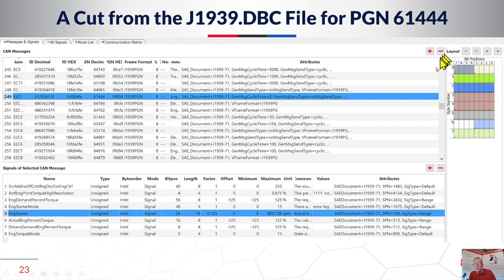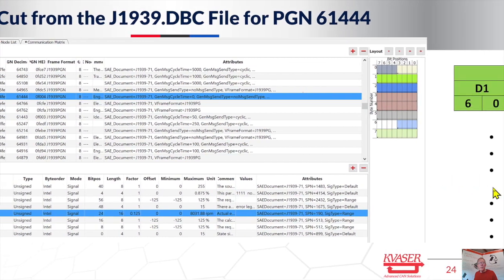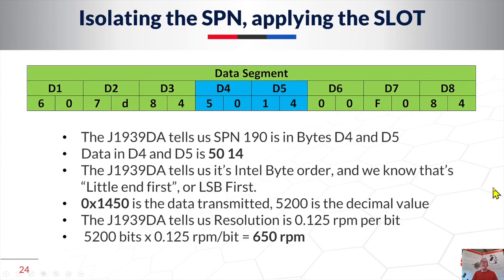Here are all the signals within that message. When I highlight this message, this pops up on the right, showing me all of the signals within that message for this DBC file. The one we're looking at is in these 2 bytes right here. So Kvasir Database Editor 3, a free download, is very useful for understanding, building, editing, and modifying DBC files.